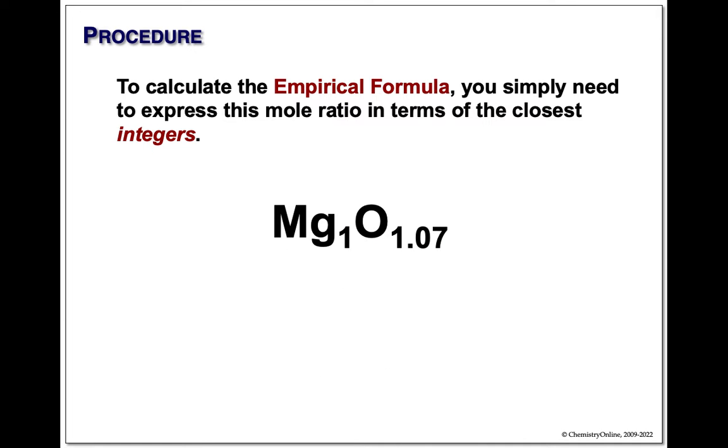But again, to get an integer, you change this to 1, which we don't show, and we would write the answer as MgO. Simple, right? And it's fun. So take a look at the procedure before you come. Again, be very careful because things are literally red hot.